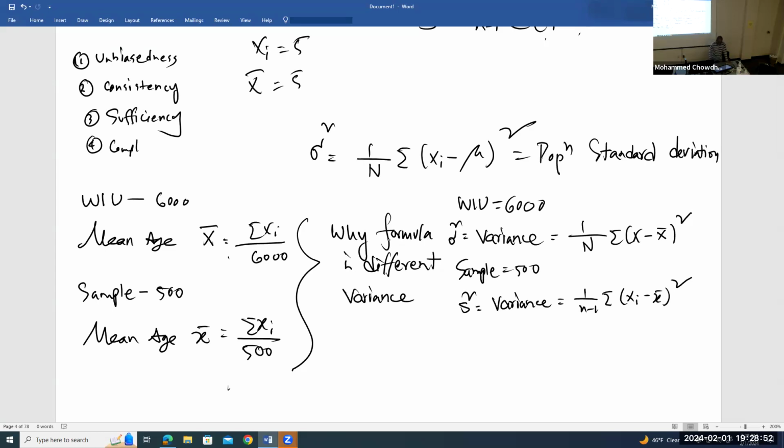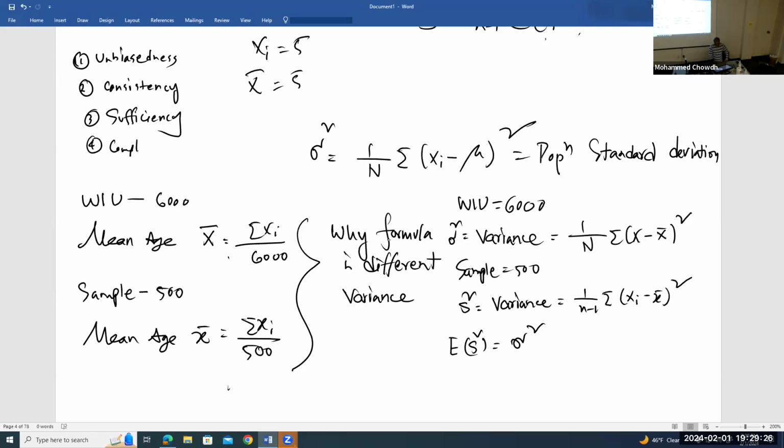Okay. So in order to find the unbiased estimate of the population variance, it is mathematically proved that the expectation of S square equals sigma square. Understand? This is mathematically proved, so that is why it is written that way. And another thing: in order to compute variance, you have to compute the mean, right?